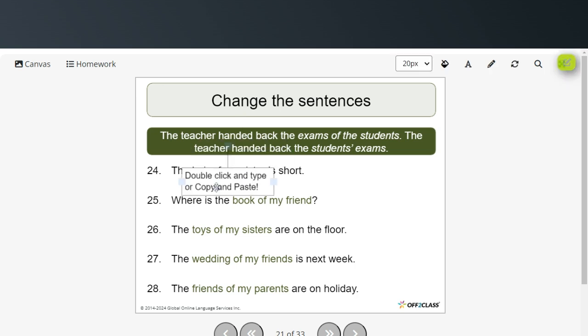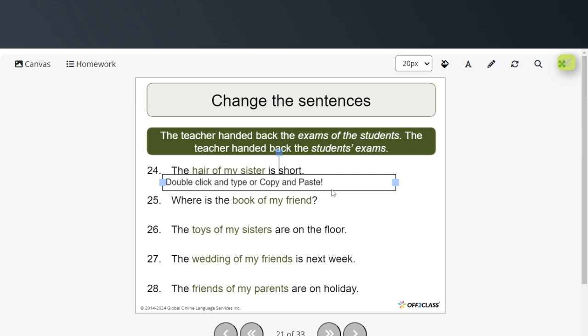The hair of my sister is short should be my sister's hair is short.